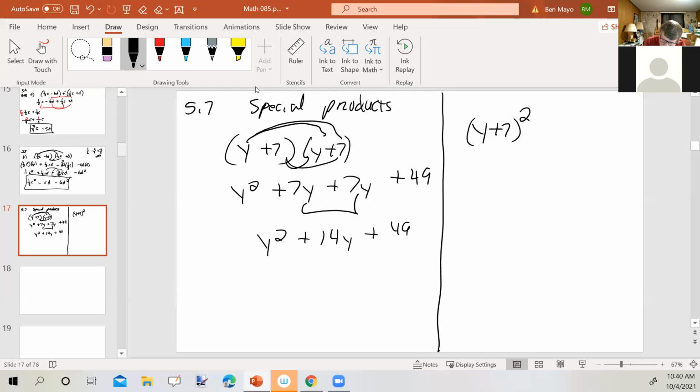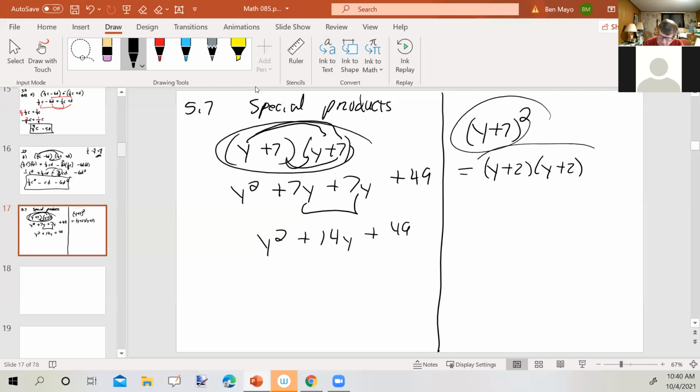That's the same thing as this if we were to expand it. It would be y plus 7 times y plus 7. Any questions how I got from here to here? This says I have a base of y plus 7 and I have 2 factors of that base. So now I'm going to FOIL it together.